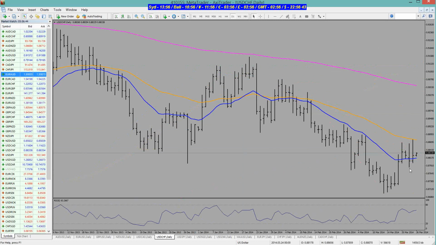Yeah, similar to the Swiss yen. There are sellers there, and you could possibly leave it there, but you need to move your stop to be above here, and therefore that's going to change your lot size. Okay.